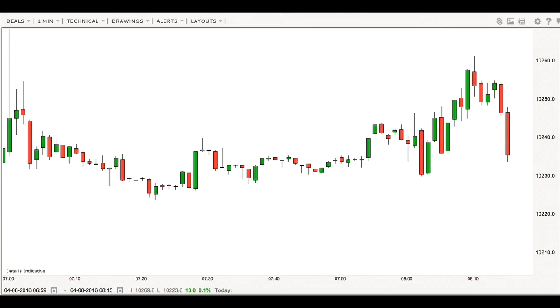The reason that it's moving quickly down is because the two previous bars were bull bars. Although they were inside bars, they were bull bars. And therefore there'll be a lot of traders who thought that the price was going to go up. There'll be a lot of traders who would have thought, well, okay, there's a good chance that this will break out higher since it's now above 10,250.